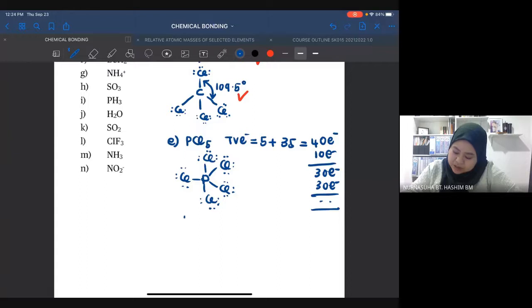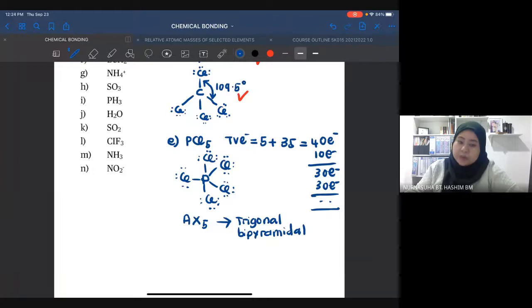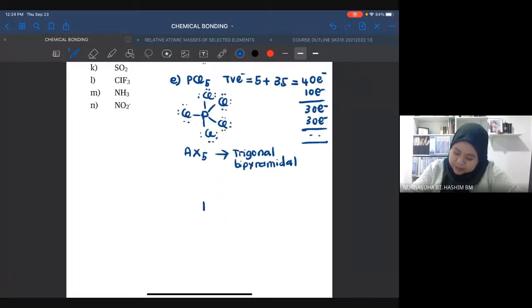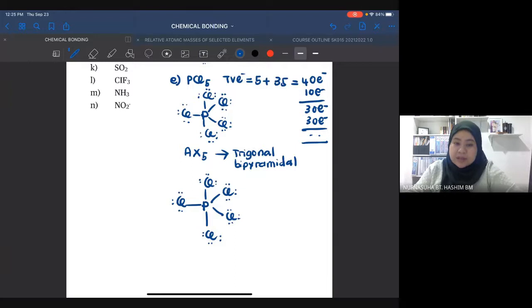So daripada Lewis structure tu kita dapati bahawa kelas dia adalah AX5. So kalau AX5, the shape is trigonal bipyramidal. Okay, so lukis lagi sekali shape tu.